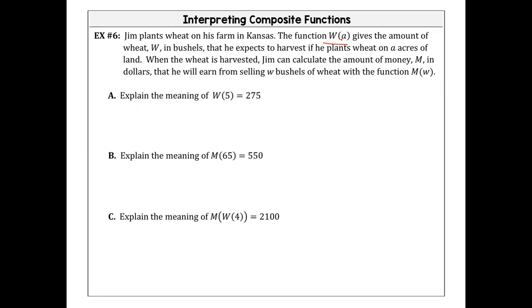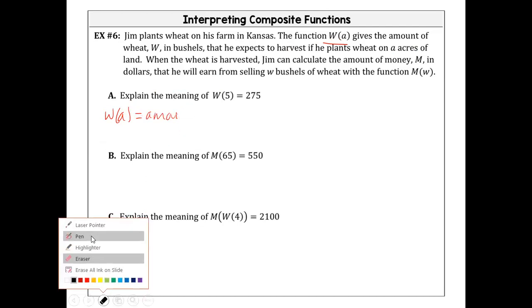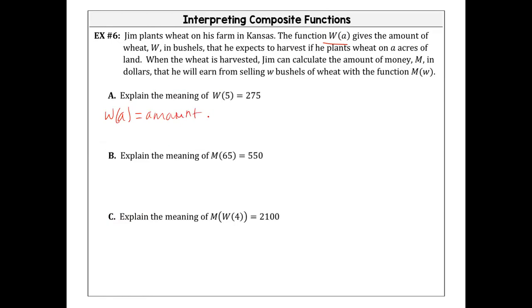Well, remember our first function, it's in terms of A, where W of A equals the amount of wheat, right? That's our amount of wheat in bushels. And in terms of this, your A is going to be what?